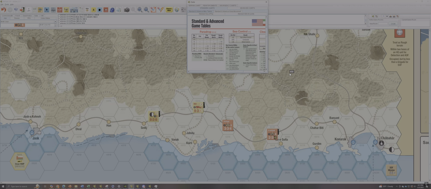To use air movement, you're going to have your unit at an airbase, right? The black circle with a fighter jet on top of it. And then you're going to spend a number of air points equal to the stacking value of the unit, and you're going to move it to another airbase. Pretty simple.